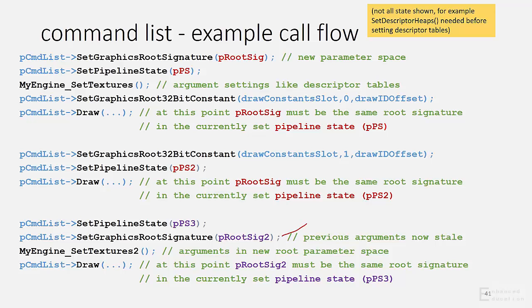When this new root signature was bound, all the previously bound arguments for the old root signature become stale. And so it's up to the application to define all the new arguments before the next draw. And so yes, by the time we get to this draw, the current root signature bound here must match the root signature used in the current pipeline state.